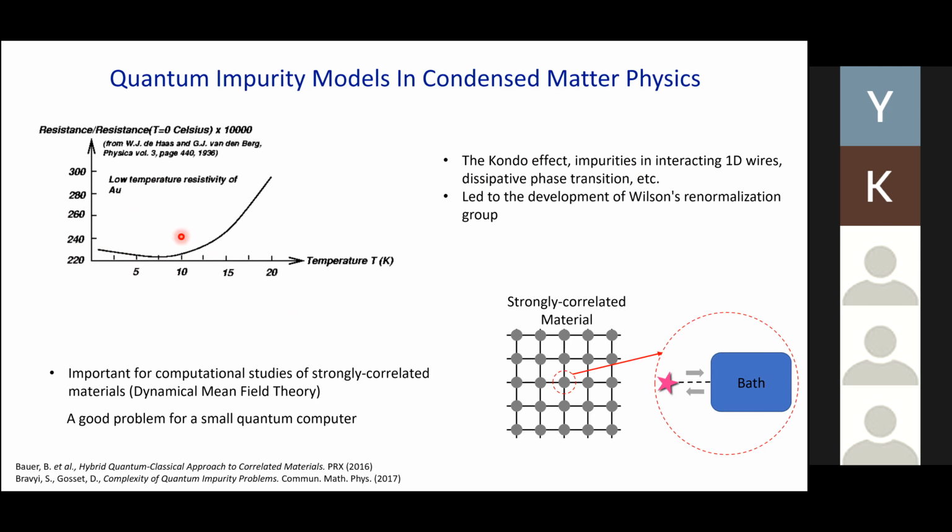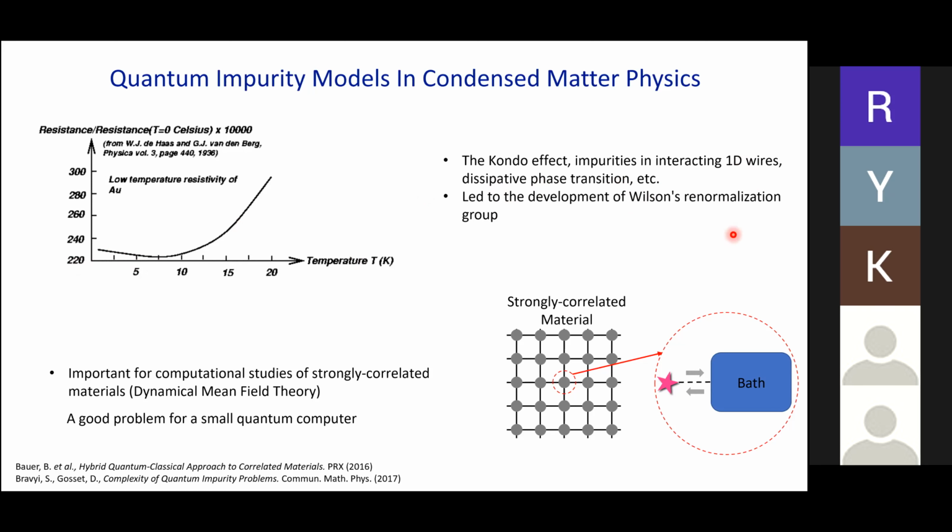There are many different examples where quantum impurity models appear and are useful. For example, they are used in the description of impurities in interacting quantum wires, Luttinger liquids, and Hall channels. Also, they appear in the description of dissipative phase transitions and so on.